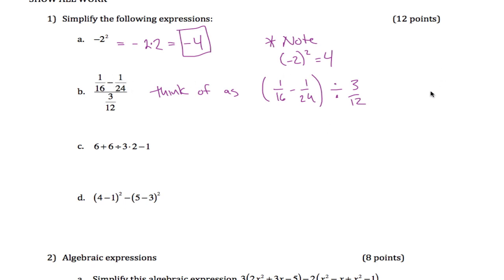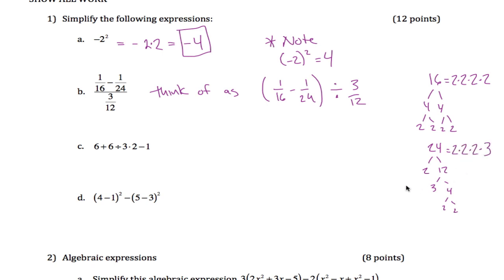So we can do that subtraction if we find a prime factorization for 16. What you get is that it's 2 times 2 times 2 times 2. And if you do that again for 24, 24 is 2 times 12, which is 3 times 4 and 2 times 2. So this is 2 times 2 times 2 times 3.